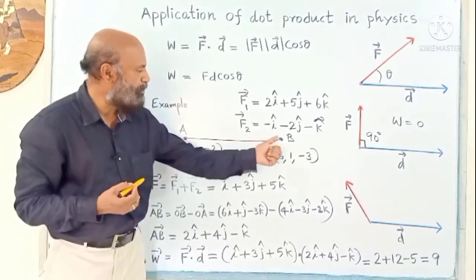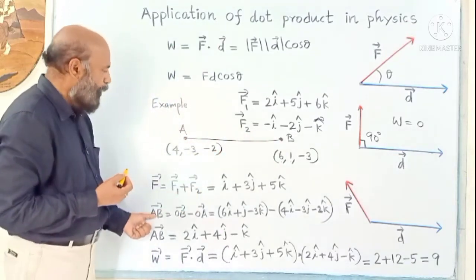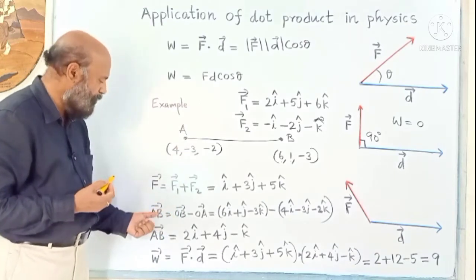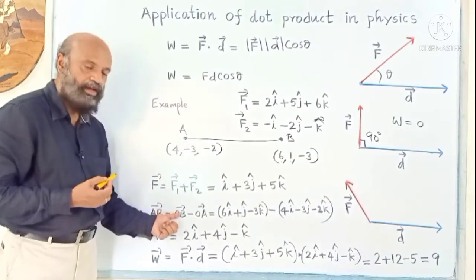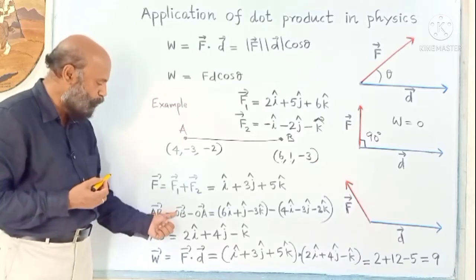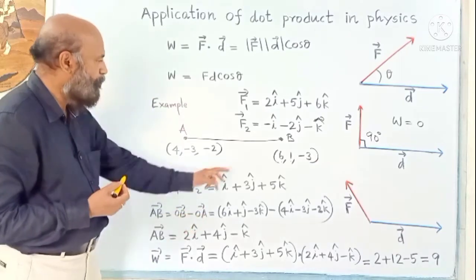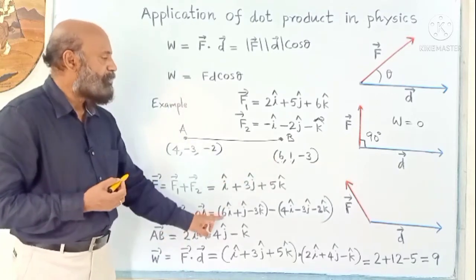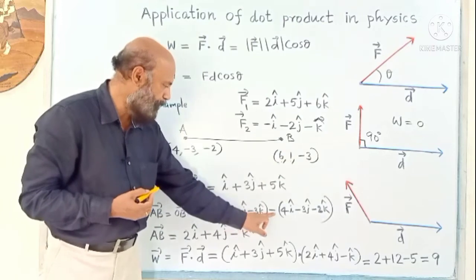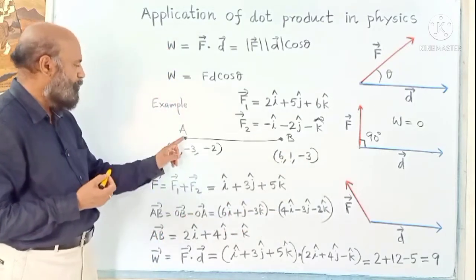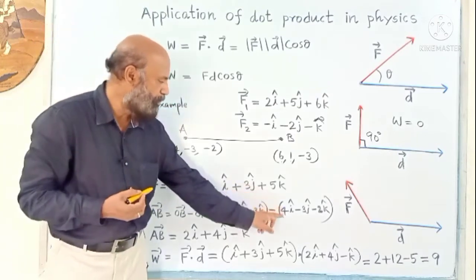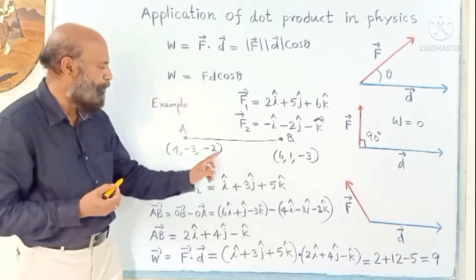Then displacement vector is AB vector. Let O be the origin, then AB vector can be written as position vector of B minus position vector of A. So OB minus OA. So OB, that is 6i plus j minus 3k, minus OA, position vector of A, that is 4i minus 3j minus 2k.